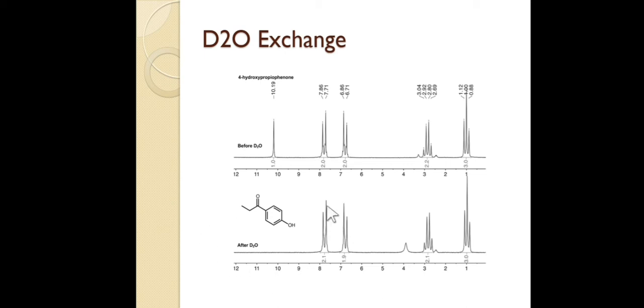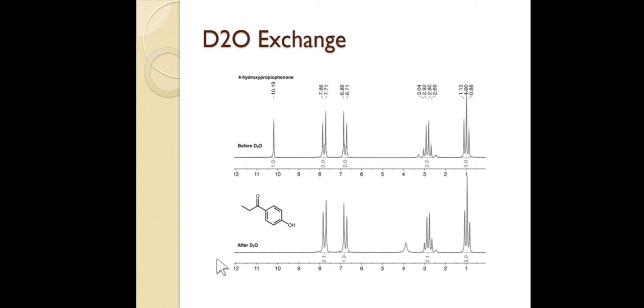Now let's see how this actually helps us to simplify the spectra and avoid confusion. This is the H1 NMR spectra of 4-hydroxy propiophenone. The first spectrum is before deuterium exchange, and we can see the peak at 10.19 ppm is of the OH proton. It is confusing whether it really belongs to OH or not. To identify this proton, we can do the deuterium exchange.